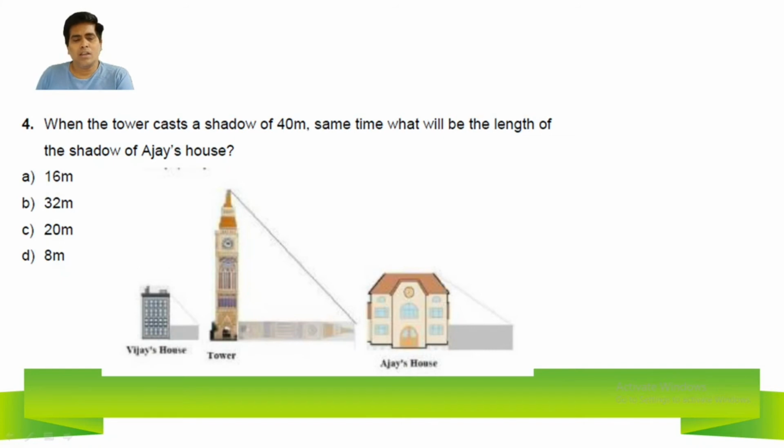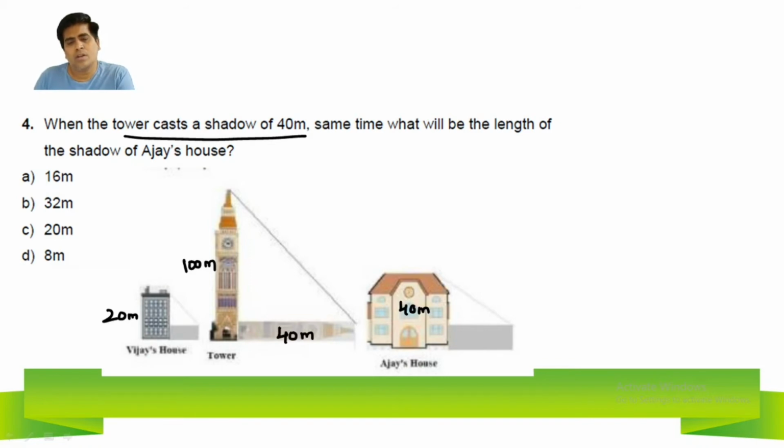We already noted this tower height is 100 meters. It will not change. Just now we got Ajay's house height is 40 meters. Height will not change. Now the question is, the tower shadow is how much? It is 40.